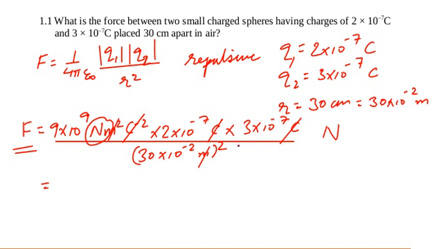So to solve such problems, first thing is to take the values before the powers of 10 and first multiply them or solve them. 9 into 2 into 3 divided by square of 30, it will be 900. Now I will write powers of 10, 10 raised to the power 9, then first charge has -7, second charge also -7.